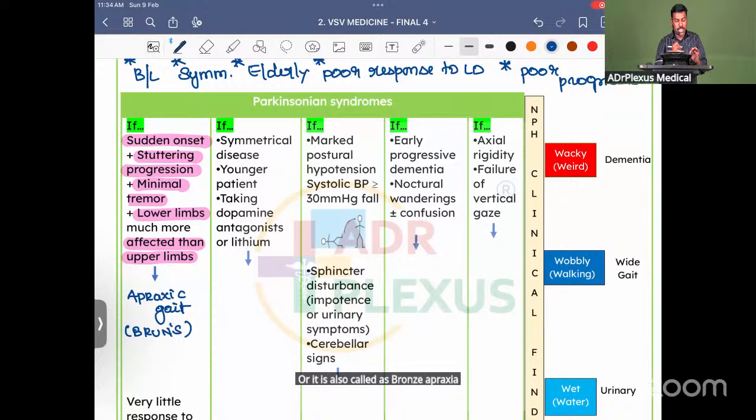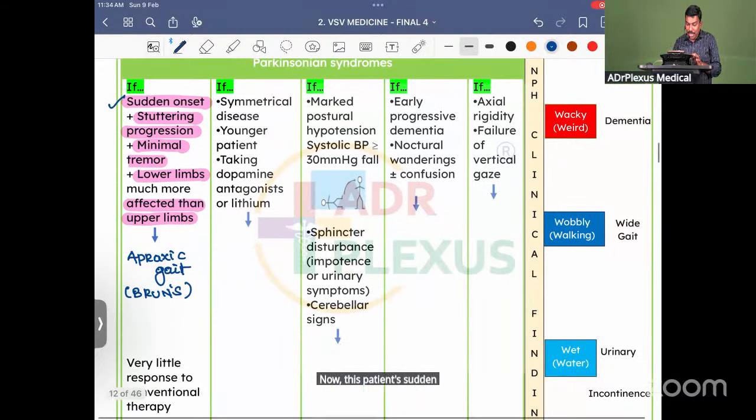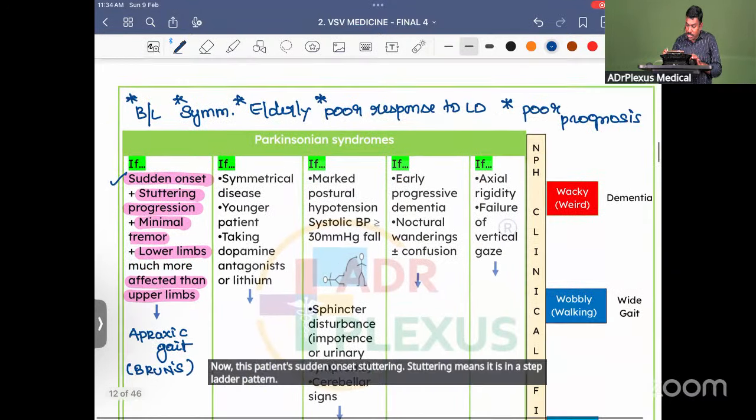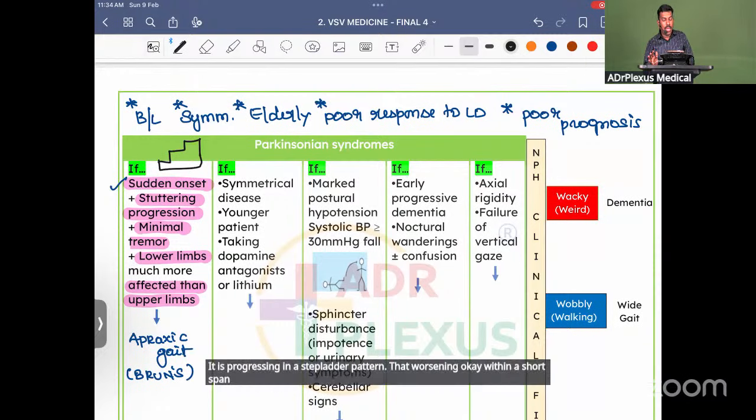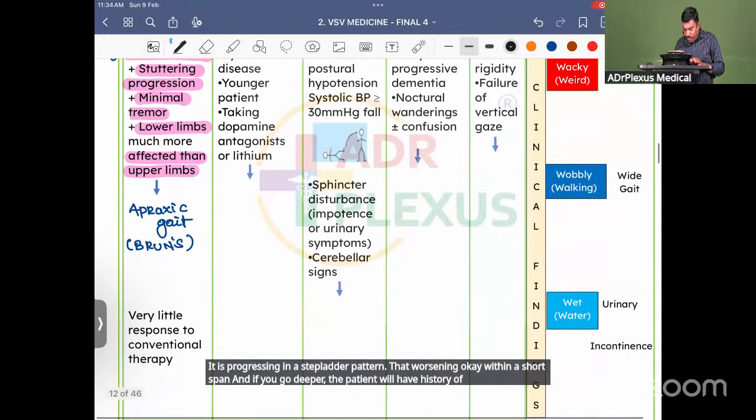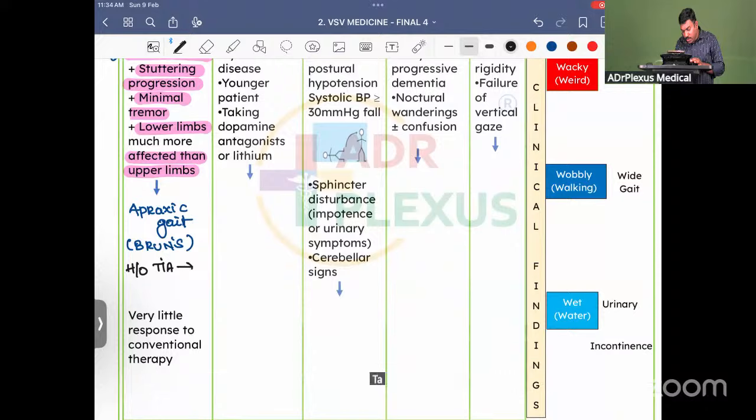Now, this patient has sudden onset stuttering. Stuttering means it is progressing in a step ladder pattern. Tuck, tuck, tuck, worsening within a short span. And if you go deeper, the patient will have a history of TIA or stroke.